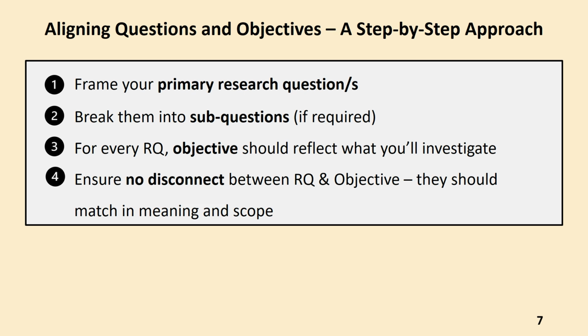Fourth and last is, ensure no disconnect between research question and objective. They should be matched in meaning and scope. Here, meaning and scope should be seen from various perspectives, whether your research question and objectives are inclined or not.